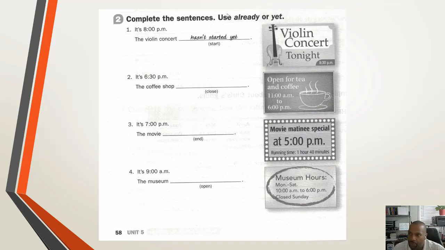Okay, so we have to complete the sentences. Use already or yet. Number 1, it's done for us. It's 8 p.m. The violin concert blank. And so if we look here, violin concert started at 8:30. So the violin concert hasn't started yet.